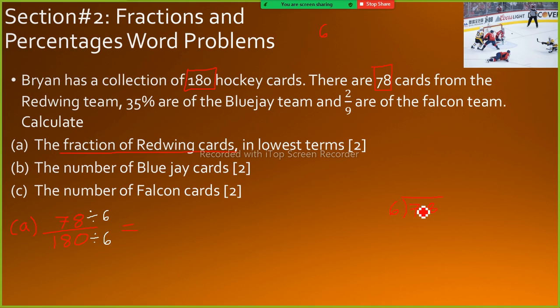Well, 6 into 7 goes once. 6 times 1 is 6. So that's 7 minus 6, which is 1. Bring down the 8. And so we have 6 times 3 is 18. So that is 18 minus 18, which is 0. So the answer is 13 for the top, all over.